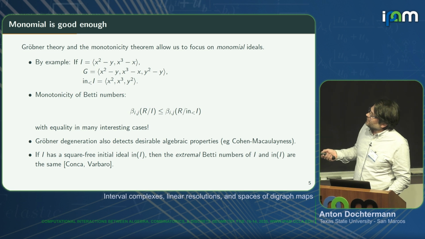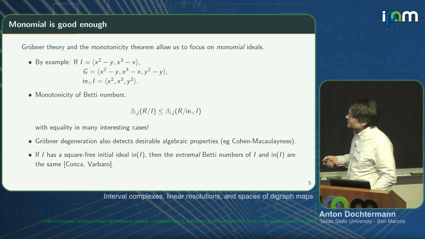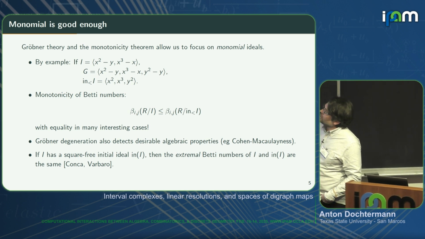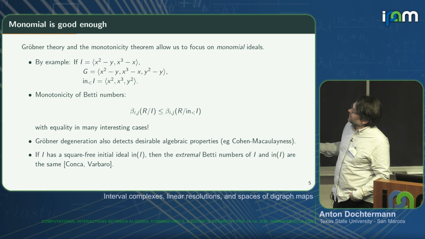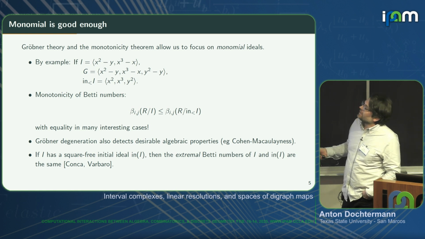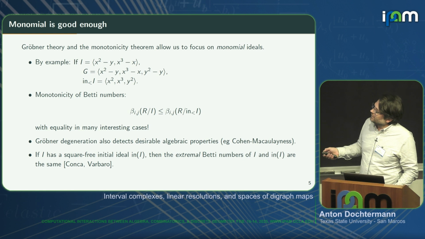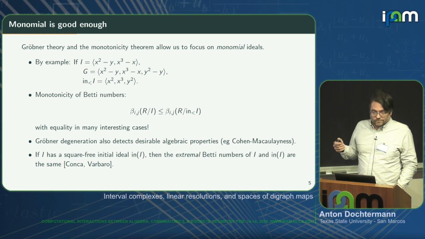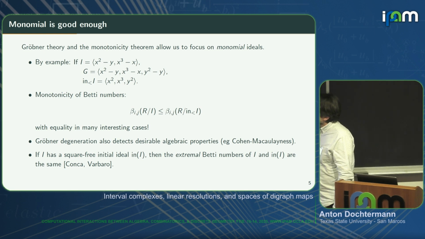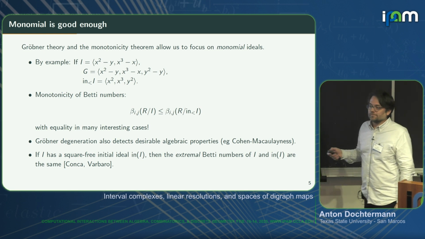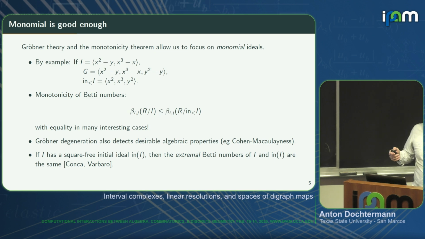If I have this ideal on the top, I have what's called a Gröbner basis. By definition, I pick out the initial terms under some term order, and I get these terms, and this generates an ideal called the initial ideal, with respect to some choices I haven't told you about.